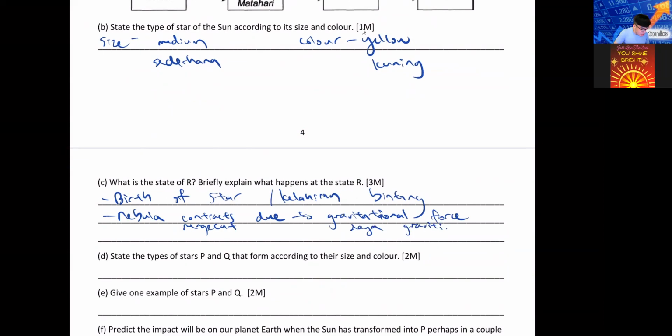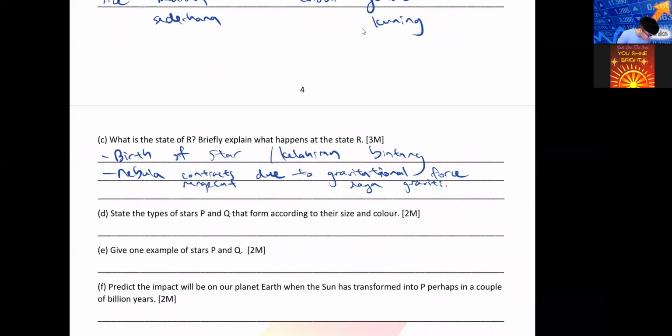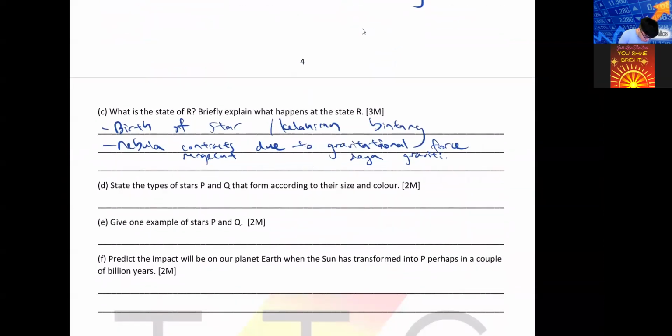So when they contract, they become really hot and then they start burning. Not burning, it's called nuclear fusion, by the way. Our sun is a very big nuclear reactor. So nuclear fusion occurs.